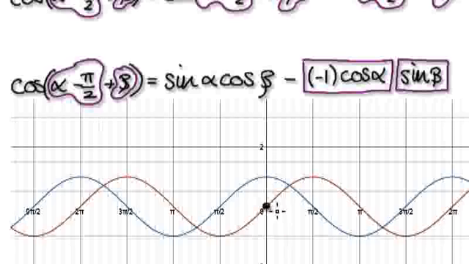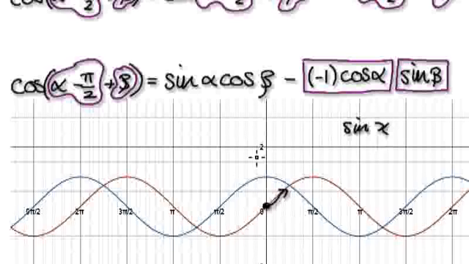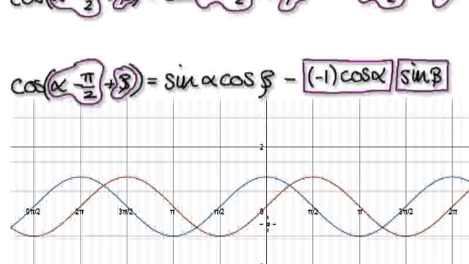Now if you start at sine of x and apply this transformation, sine of x minus pi over 2, that means you shift it to the right by pi over 2. So this red line here will get moved over here, and if you apply that transformation, it will then become this.